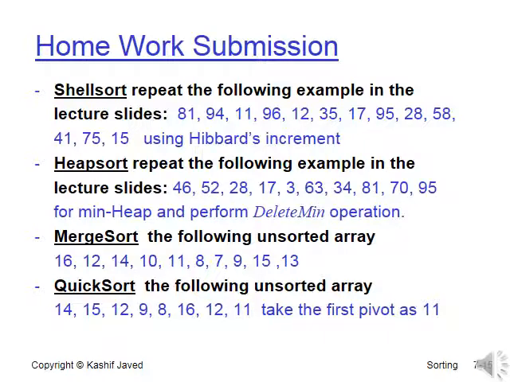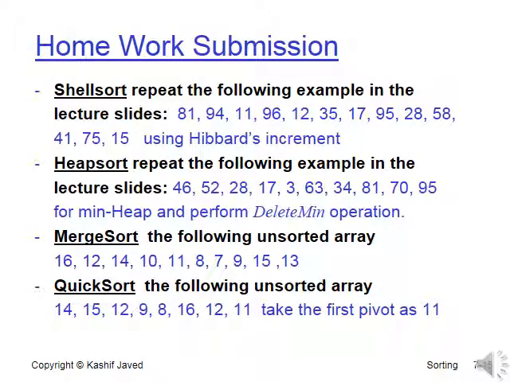For homework submission, I would like you to repeat the shell sort example in the lecture slides, where we did the array containing 81, 94 up to 15, and we used shell sort increment 5, 3, 1. I would like you to use Hibbard's increment to sort this example.